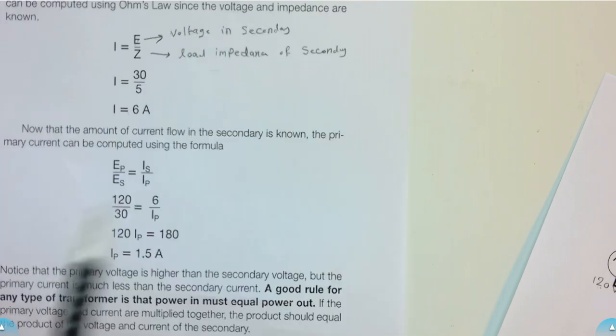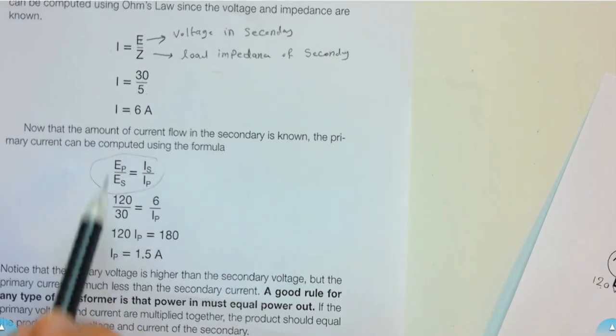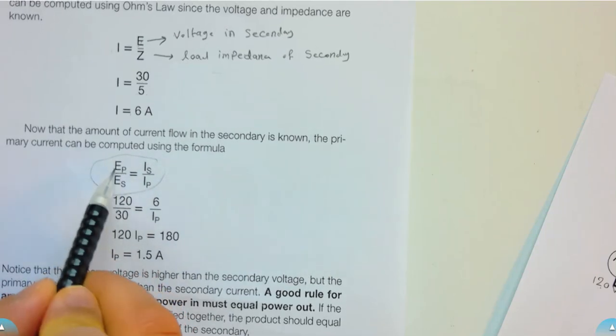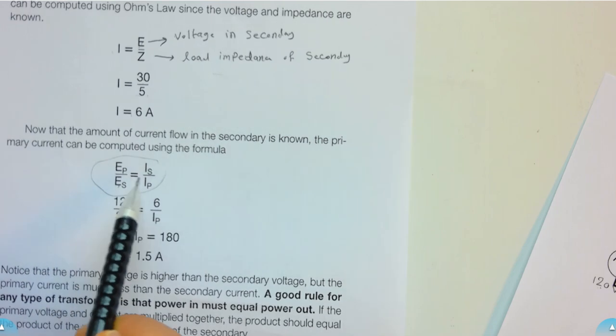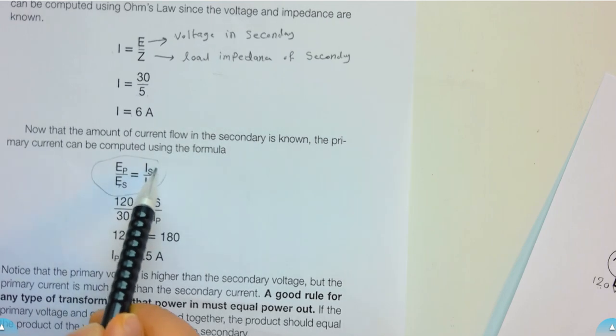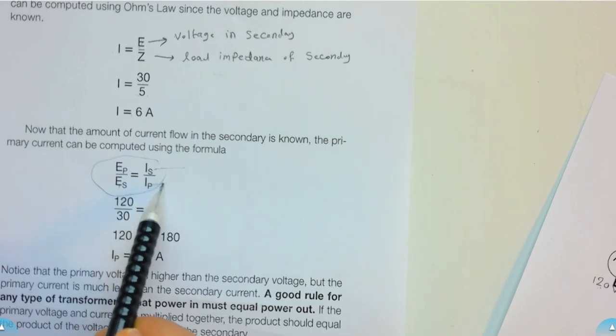Okay, I can also use this formula: the voltage in the primary divided by the voltage in the secondary equals the current in the secondary divided by the current in the primary.